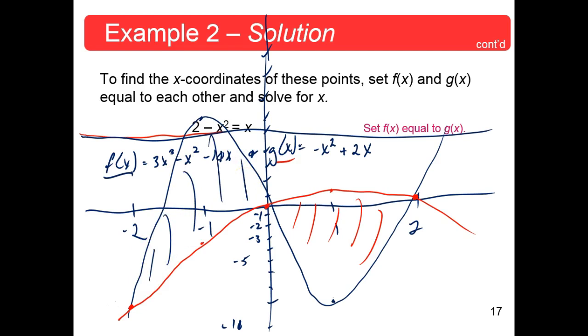If you just did from here to here, depending on which one you put on top, if you put g on top, you get a positive value here and a negative value there. You're going to get something probably pretty close to 0, and that's obviously not the area. So you're going to have to do f on top here and g on top there.